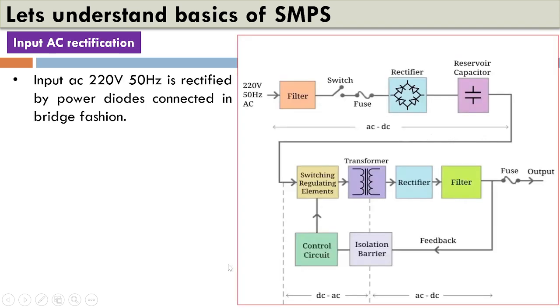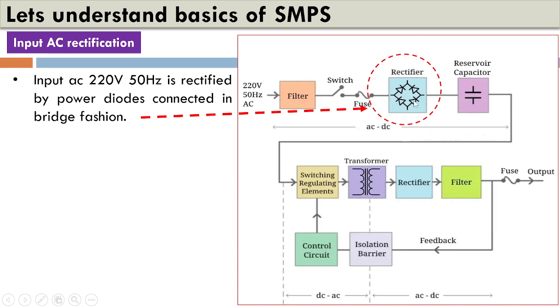Now let's move on to the next part, that is the rectifier section. The rectifier section is preceded by two portions. One is the switch, a physical switch which can be used to switch on and turn off the circuit. Then we have a fuse. Now this fuse is very important.